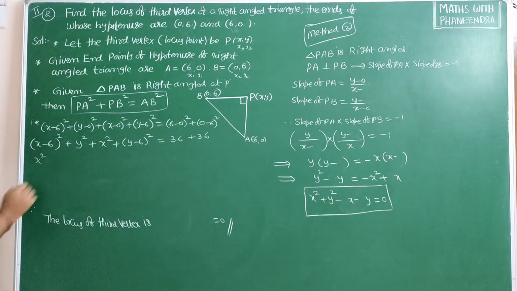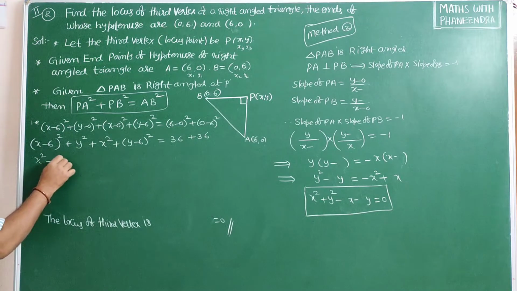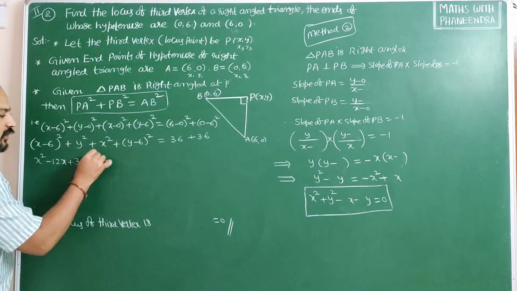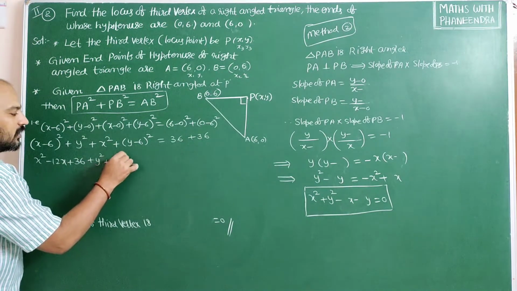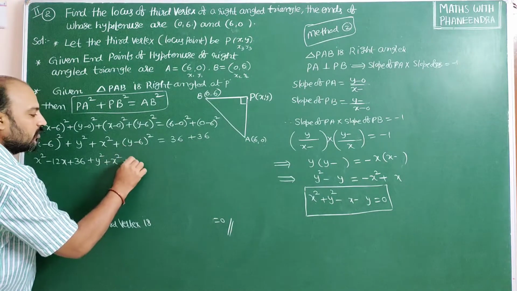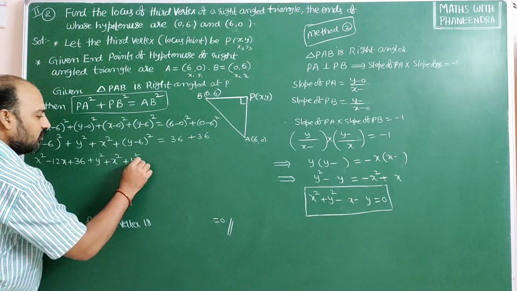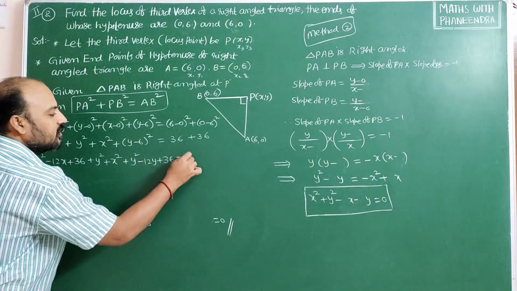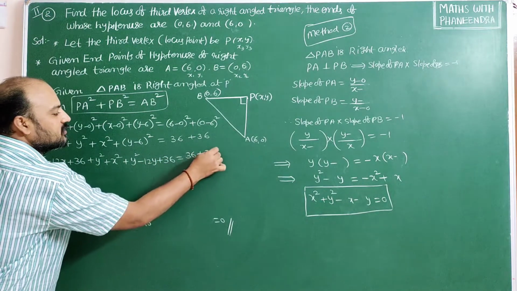So x square minus 12x plus 36 plus y square plus x square plus y minus 6 whole square, y square minus 12y plus 36 is equal to 36 plus 36.